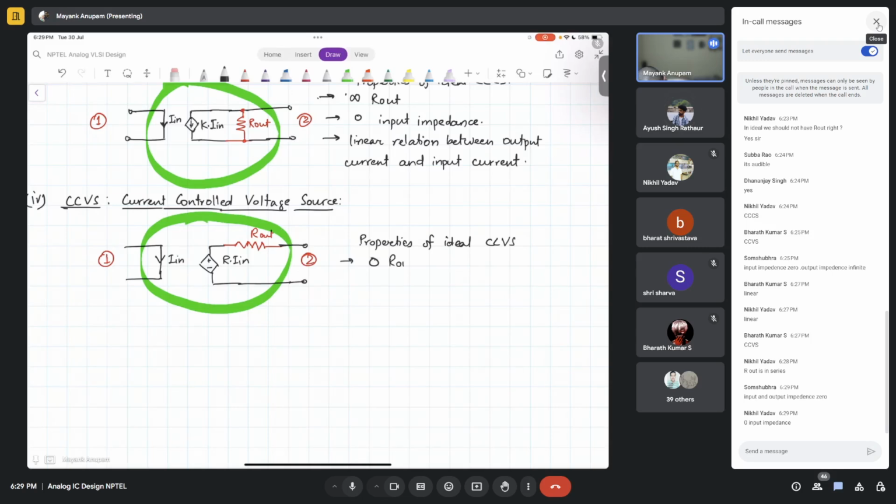Zero R out and zero input impedance also. The relationship again is linear, right?